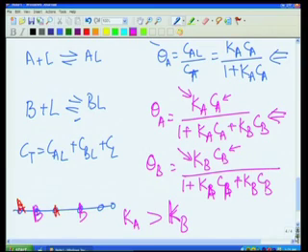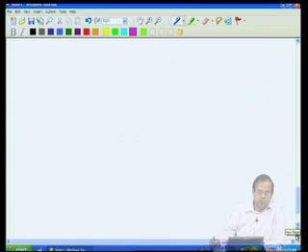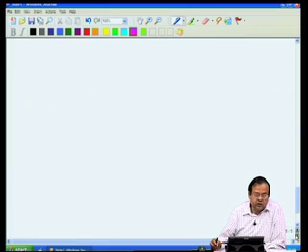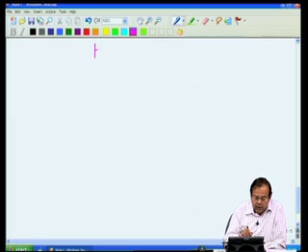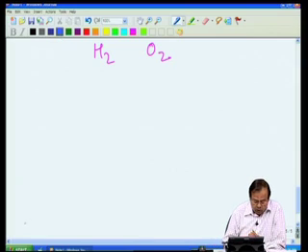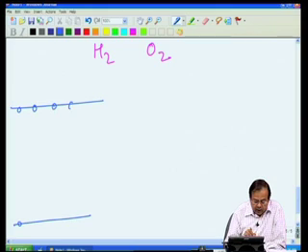Let us consider a few other scenarios. Now, as I said, many of these reactions are gaseous, and many of the gases involved in these catalytic reactions are diatomic gases like H2, like O2 and so on. There are two possibilities when these gases adsorb onto the active site. Let us say we have these active sites.